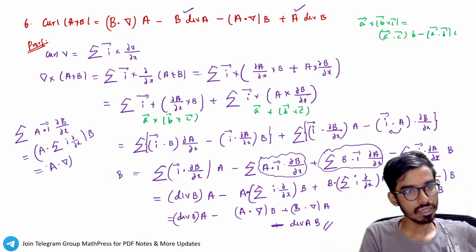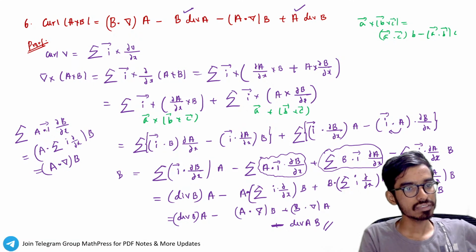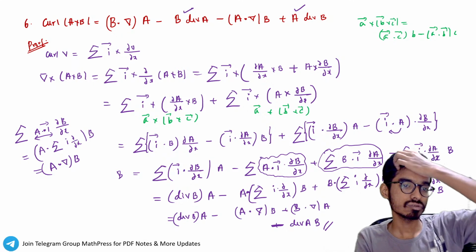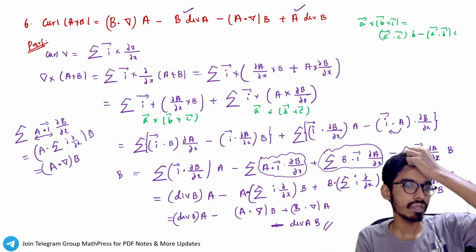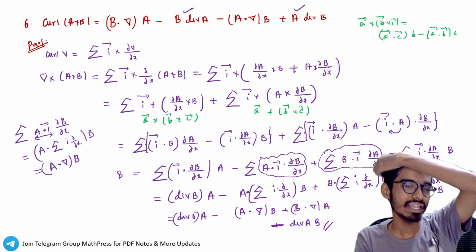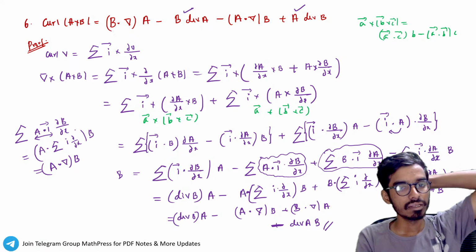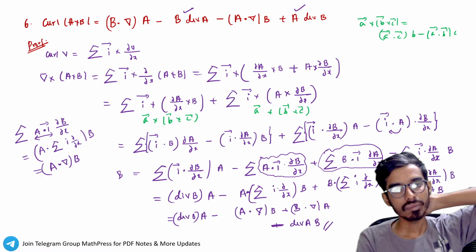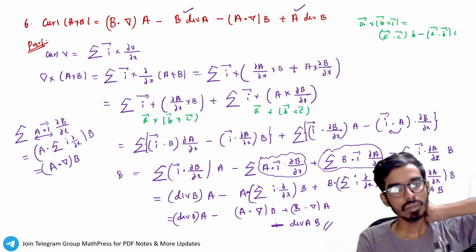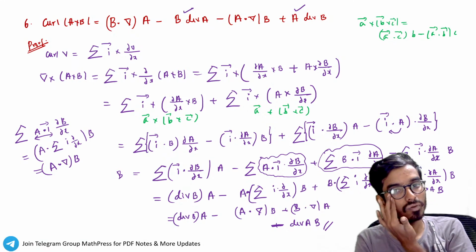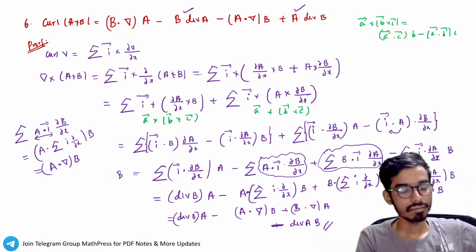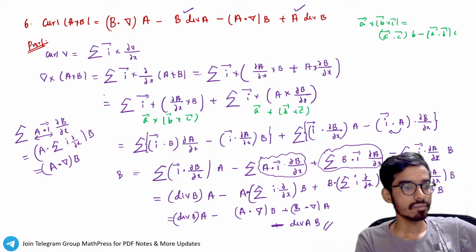So A dot del into B. So whenever you have A dot I into some dou B by dou x, you just write A, I dou by dou x into B, right? Both will be the same. You just take A, B to be some vector and verify both will be the same. So here also again you can see B dot I dou by dou x into A. So it will be B dot del into A. Is it clear? So I'll repeat once more.